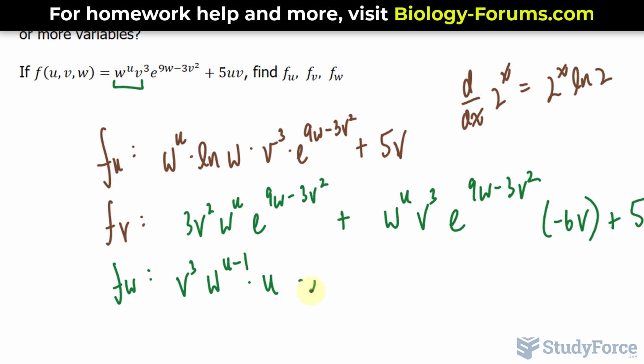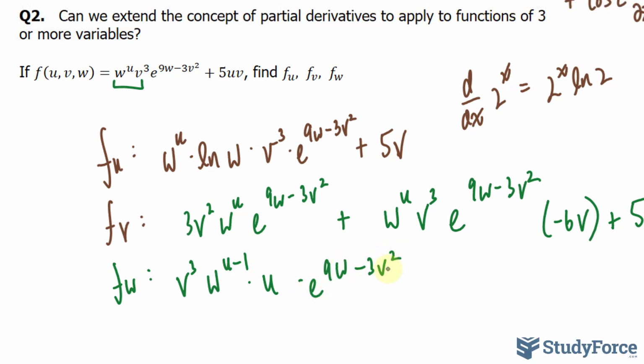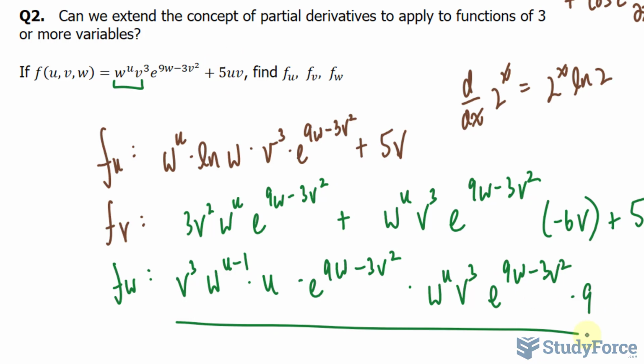That part stays the way it is. E to the 9w minus 3v squared. Now we will leave that the way it is, w to the u v to the power of 3, and take the derivative of that. The derivative of 9w is simply 9. This goes to 0, and all of that goes to 0. So that's the partial derivative of the function with respect to w.